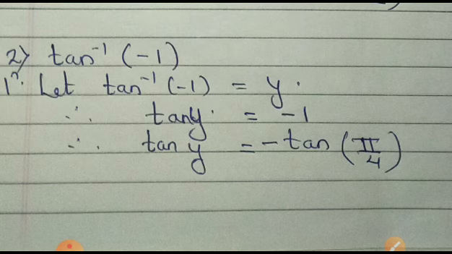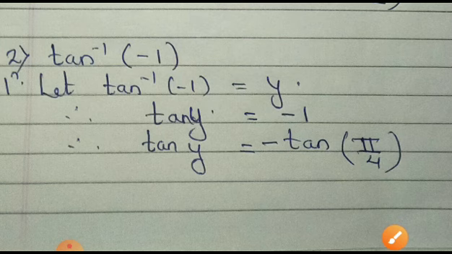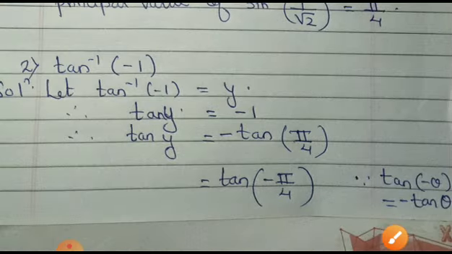Now if I want to equate this, I should have tan y equal to tan of some angle. So what is tan of minus theta always? Minus of tan theta. So can I make use of that property and write it as tan of minus pi by 4?